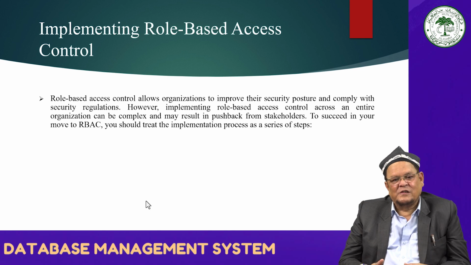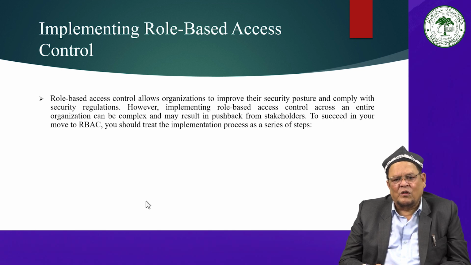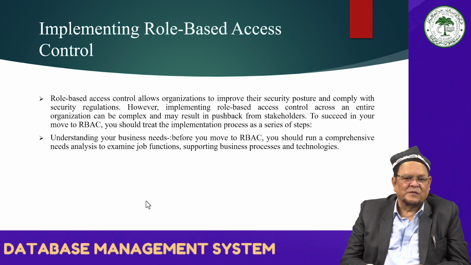It will improve the security posture and help comply with security regulations. Implementing role-based access control across the entire organization can be complex and may result in pushback from stakeholders. To succeed in your move to RBAC, you should treat the implementation process as a series of steps we discuss.